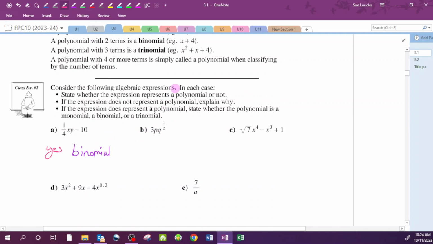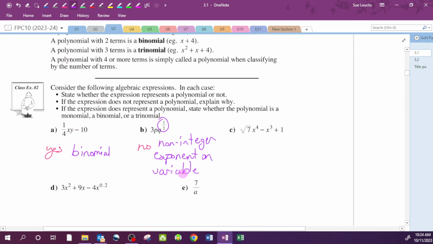Number B, is this a polynomial? No, because we have a non-integer exponent on the variable.